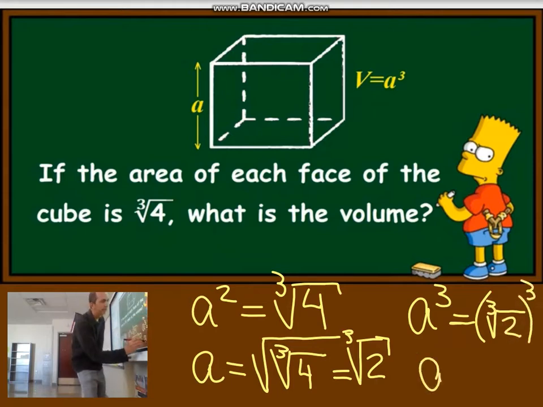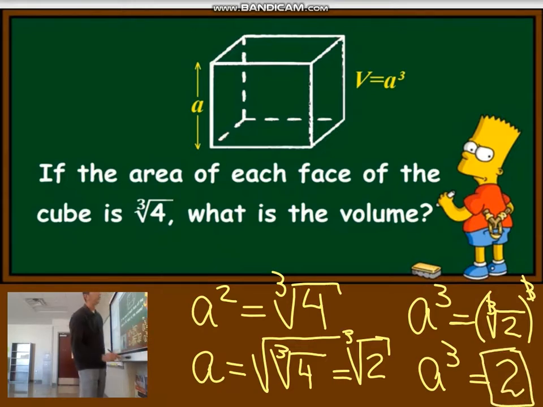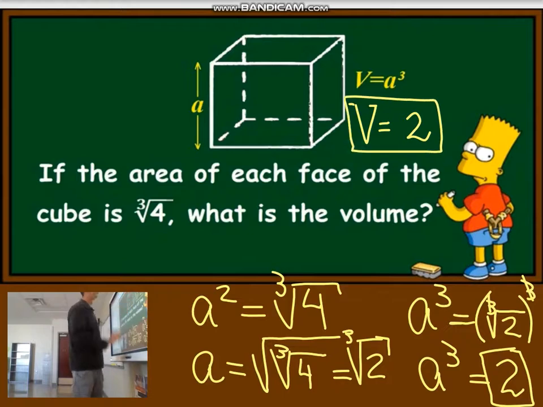That means a cubed equals, simplify, 2. The volume is equal to 2. The volume of this cube, after you work out all the simplifications, you're going to find this is equal to 2 cubic units. That is the volume of the cube. All right, this is the solution of our math puzzle.